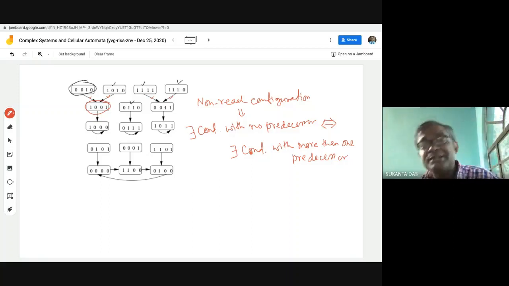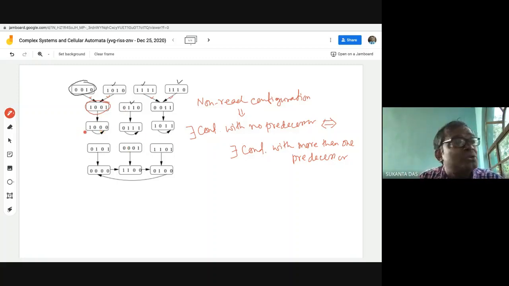But in that ECA, you can find a configuration which has more than one predecessor. So this relation that I've written here is true only for finite CA.